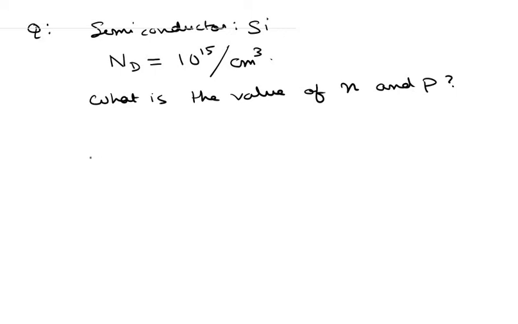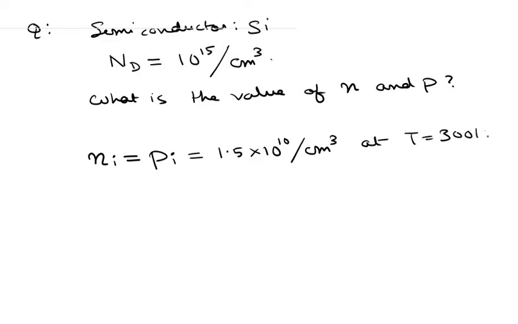First of all, when we say silicon, what immediately comes to our mind is that the intrinsic carrier concentration of silicon, Ni, which is of course equal to the intrinsic hole concentration of silicon, is 1.5 times 10 to the power 10 per centimeter cube at T equal to 300 Kelvin.